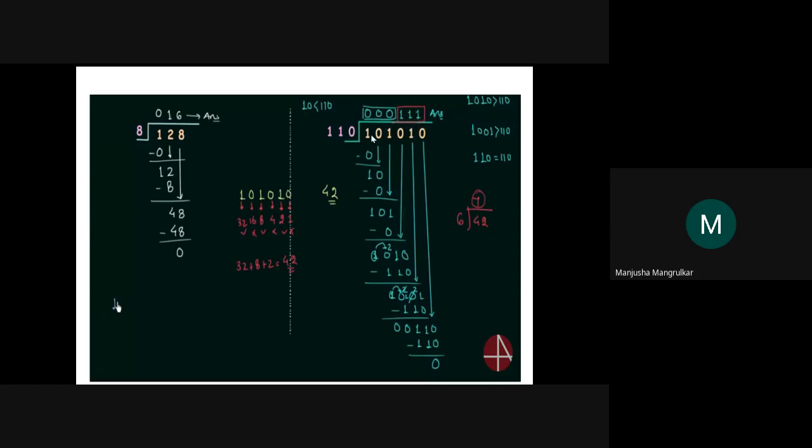So if a number 101010 is divided by 110, our result will be 111. The same process we follow in decimal, we can do in binary also.